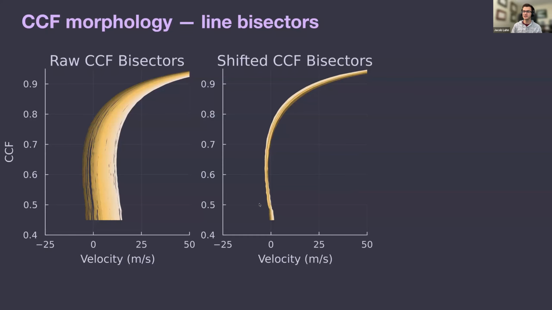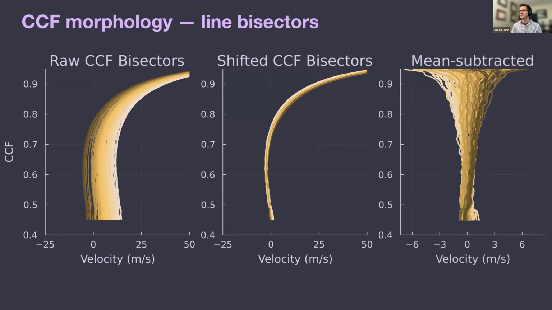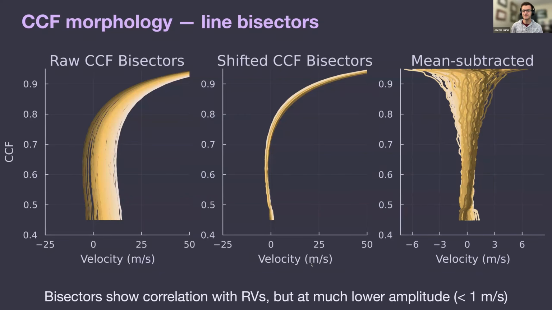And we can construct a mean bisector from this set and subtract that out to look at the residuals around that to further investigate how much these line bisectors are shifting throughout the night. And that's what I'm showing here. And here there is a fairly evident gradient. And to jump to the conclusion, if you take these gradients or these bisectors and inject them into, say, a pure Gaussian CCF, and then extract the RVs, you get a time series that varies by less than a meter per second within the night.